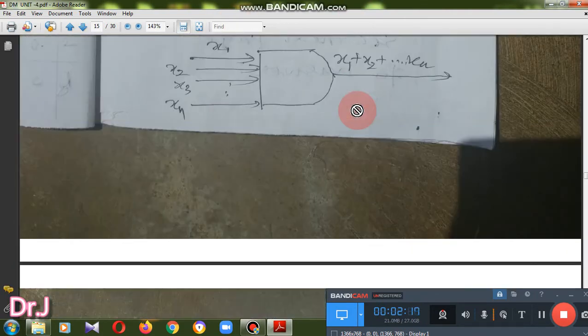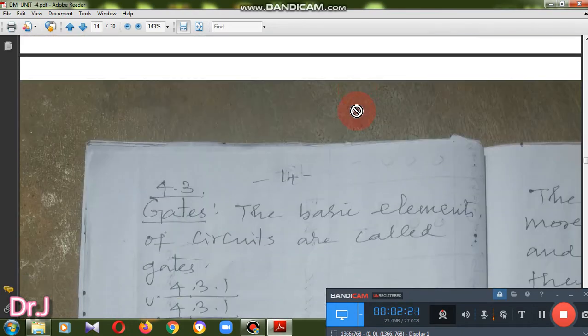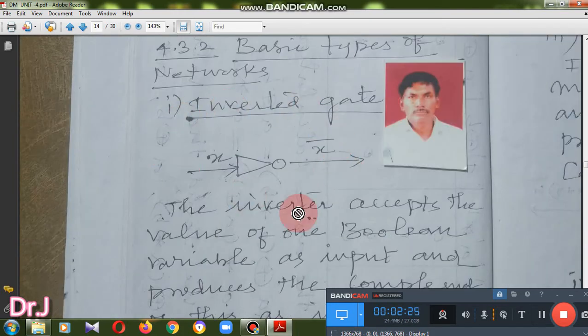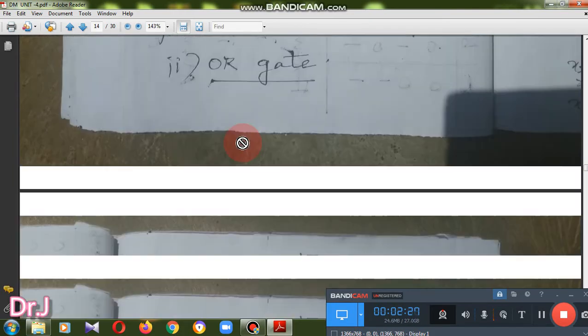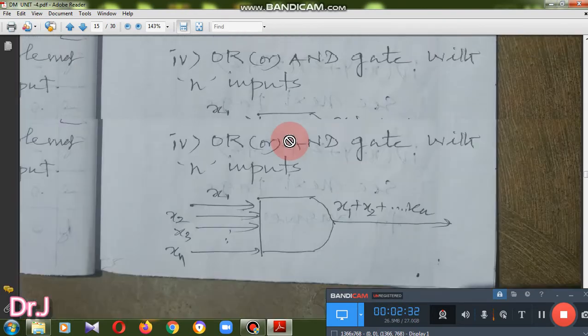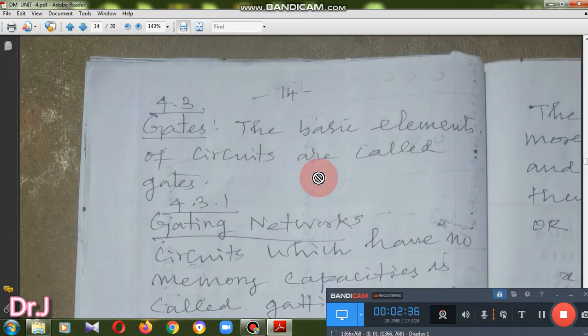So what are logic gates? Logic gates are nothing but a network, a picture like this, or like this, which evaluates any Boolean expression.